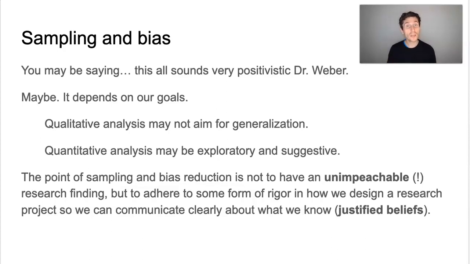So we can think of sampling, and we can think of validity, and we can think of all the steps that we're going to talk about in our research design process as allowing us to justify why we believe something to be the case, why it is we are justified in the evidence that we have, and why those justifications in that evidence or that data supports the beliefs that we ultimately come to.